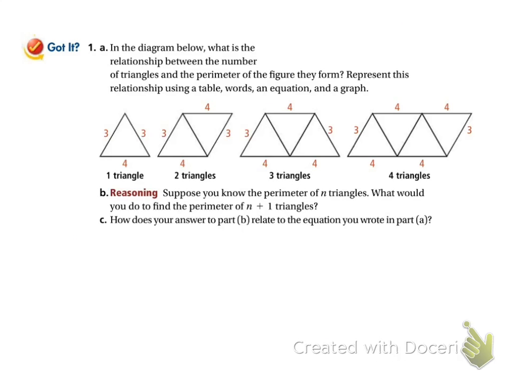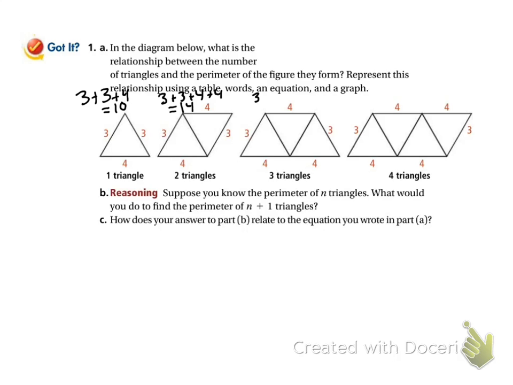Okay, so we've got our own geometric pattern here. I'm just going to go through and calculate what the perimeter is first before we actually stick it into a table. So this one here, we've got 3 plus 3 plus 4, and that's 6 plus 4, which is 10. Here we've got 3 plus 3 plus 4 plus 4, and that's 14.